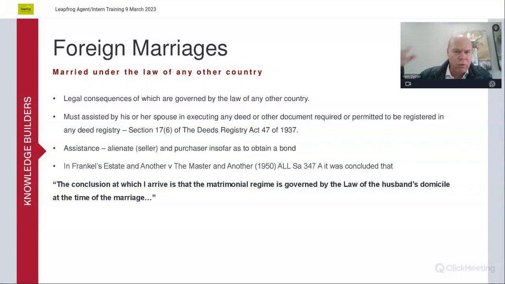I see that you say that you are unmarried. That's fine, but I need to show the deeds office that you are now unmarried. So I need to provide proof to the deeds office, either a divorce order or a death certificate, because you're now saying you're unmarried and the deeds office has you as married out of community of property or in community of property, doesn't matter, but I need to see.